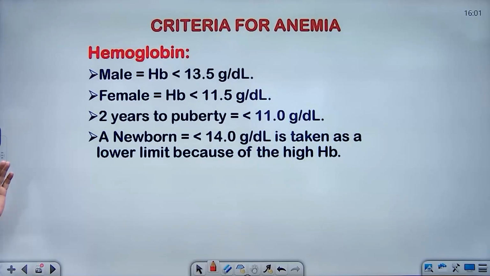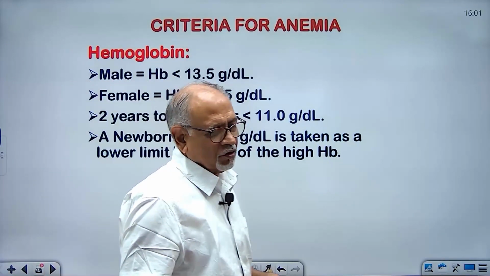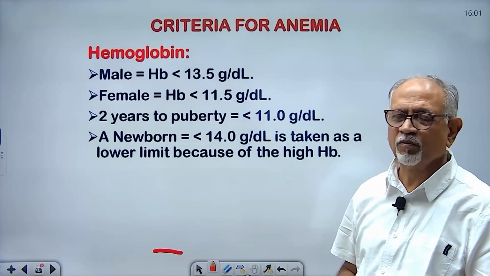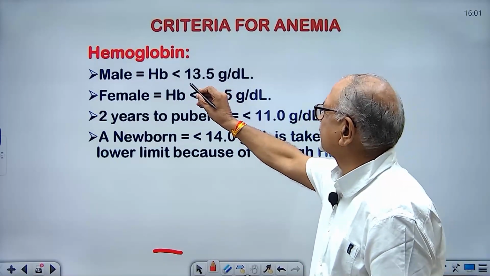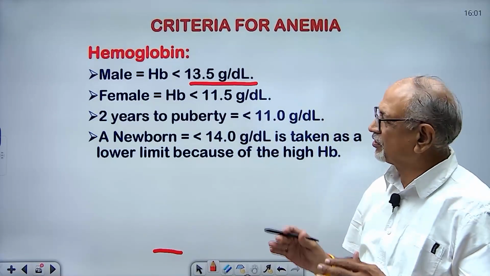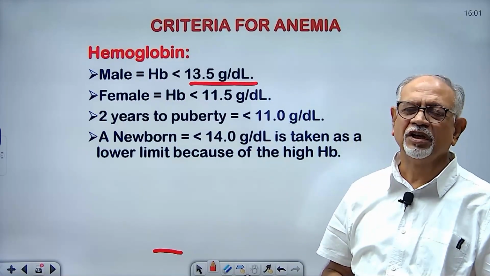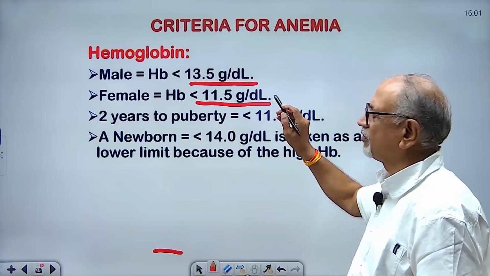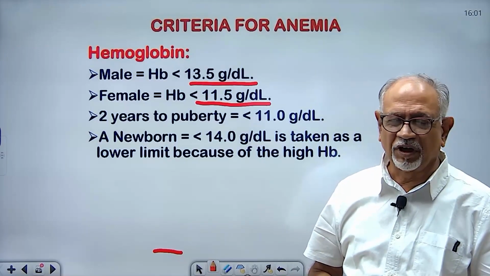Now, these are the criteria for anemia. In case of male, if the hemoglobin percentage is less than 13.5 gram per 100 ml, then it is considered an anemic condition. In case of female, it is a little less, it is 11.5 gram per 100 ml.